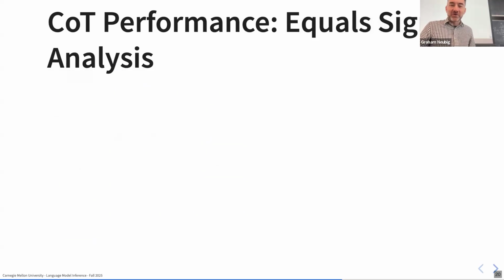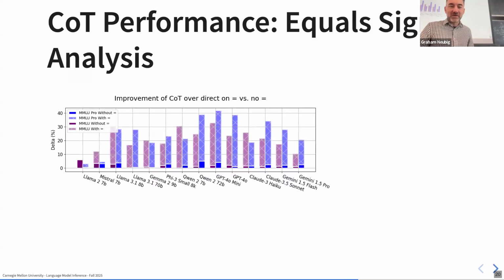I thought this was rather clever. Basically, what they did was they took MMLU, which is a data set of lots of college level questions, and they found all the questions that had an equals sign in them or in the answer, and all the questions that didn't have an equal sign in the answer. The lighter bars are the ones that had an equal sign, and the darker bars are the ones that didn't.